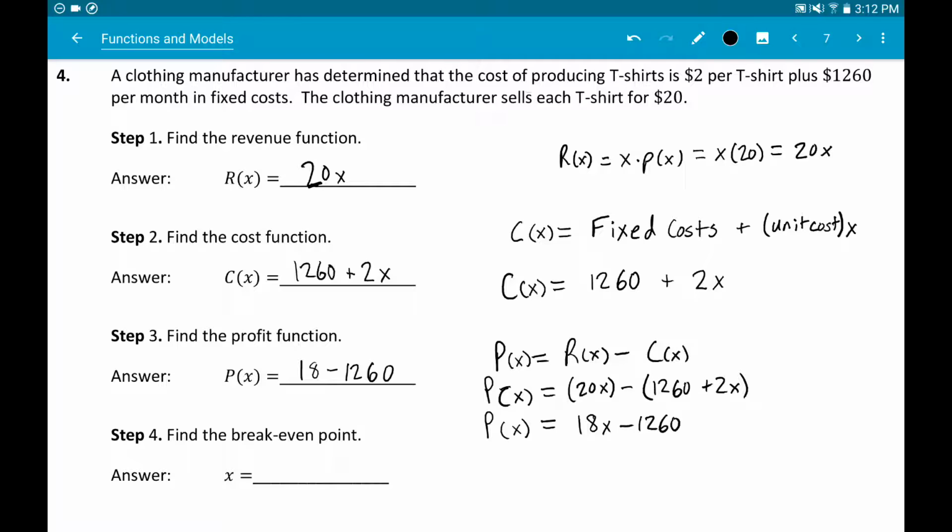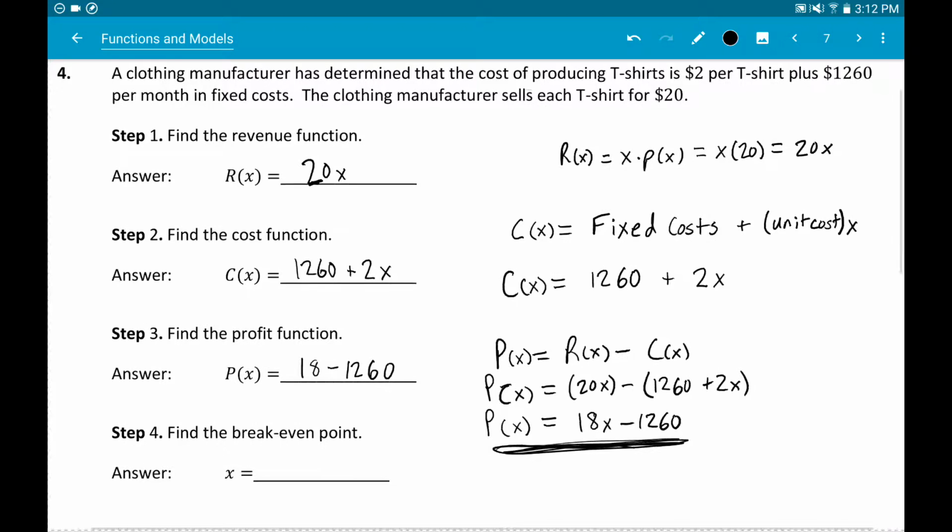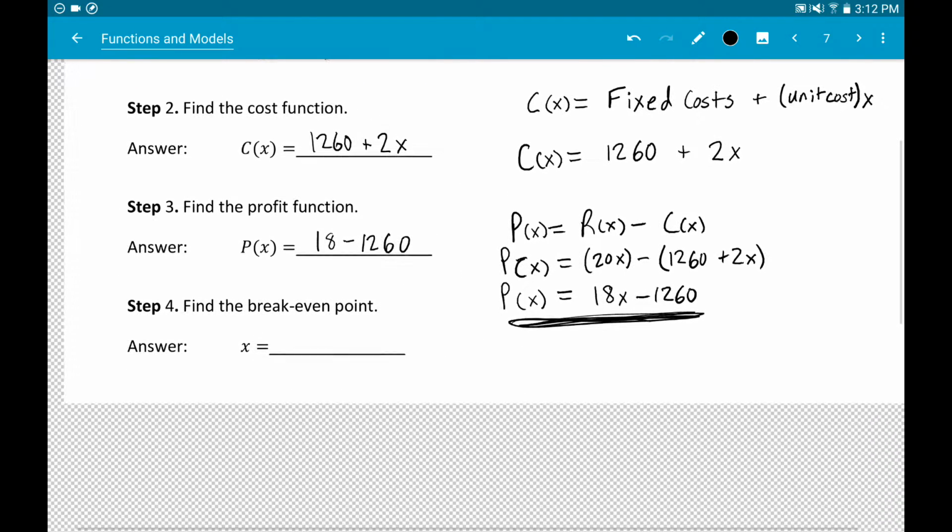And then lastly, in step 4, the break-even point. In questions 2 and 3, what we did is we took the revenue function and the cost function, set them equal to each other, and solved for x to get the break-even point. You could do that here if you wanted to. You could say 20x equals 1260 plus 2x and solve that for x. That would work. But since we've already figured out the profit function in step 3, we could just use that.